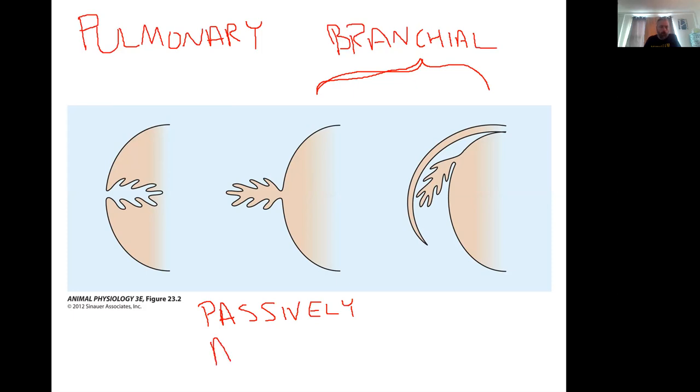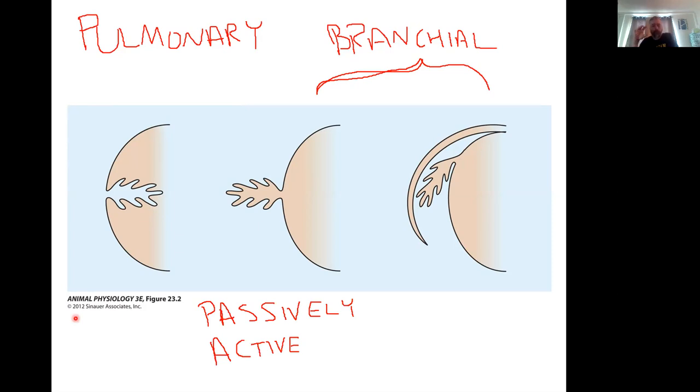Or maybe something we're a little more familiar with, which is active ventilation, where we actually physically expend energy to move gases past the respiratory membrane. And that certainly is, I think, more familiar to all of us.